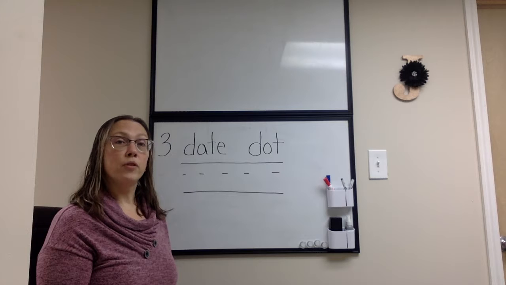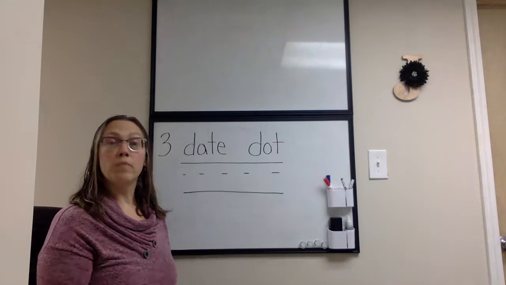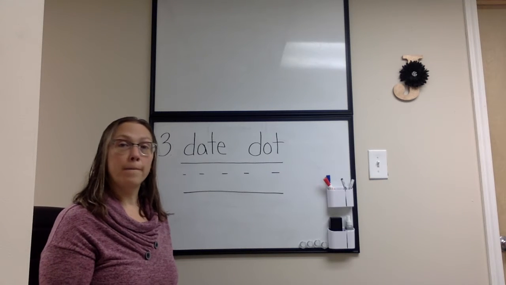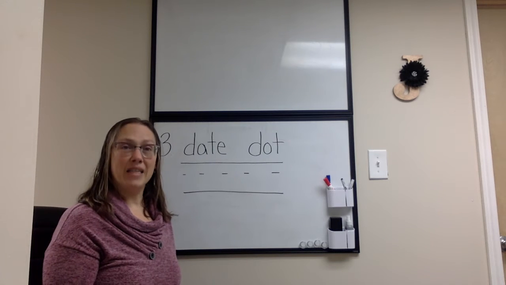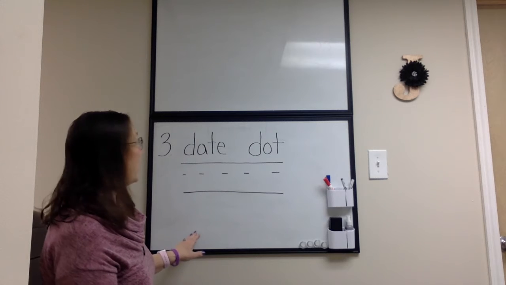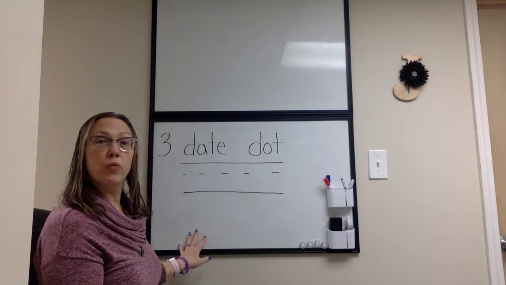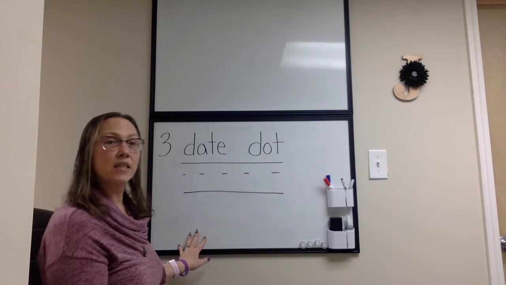First, we have to figure out which word Mrs. Johnston wants you to circle. The word I want you to circle is dot. So we have to practice and figure out which one says dot.